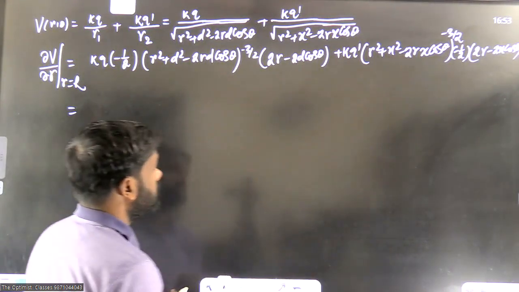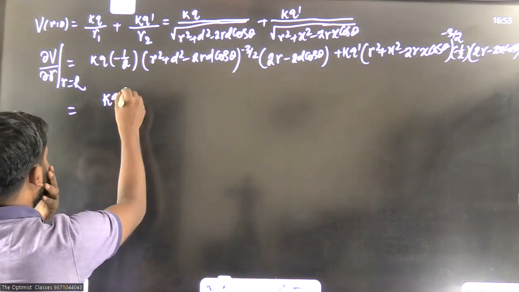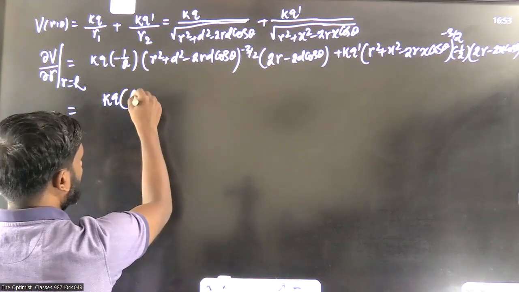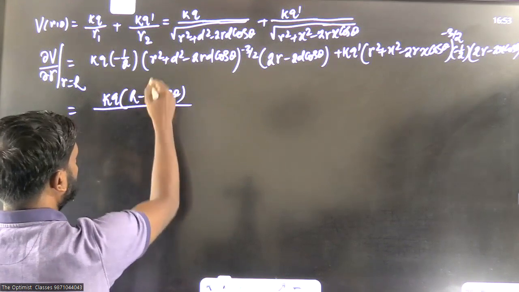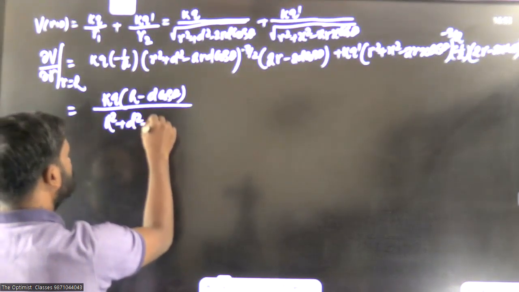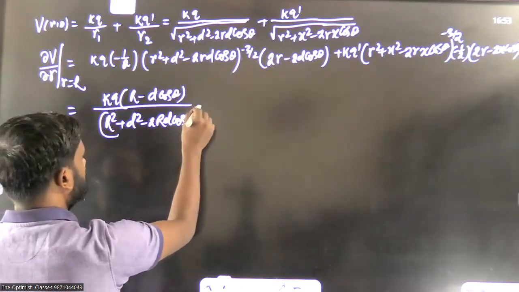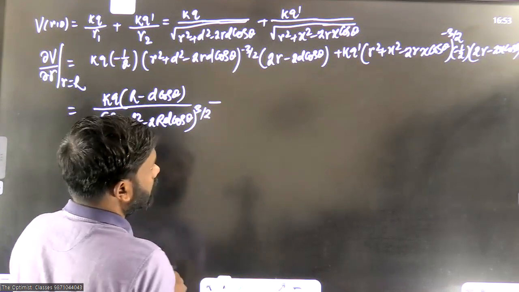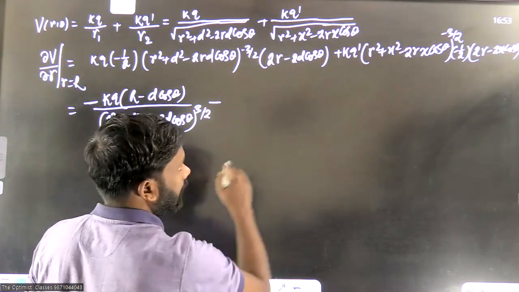So we get kq multiplied by capital R minus d cos theta, divided by capital R square plus d square minus 2 capital R d cos theta, whole power 3 by 2. There was a minus sign, so you get a minus sign here, and here also.